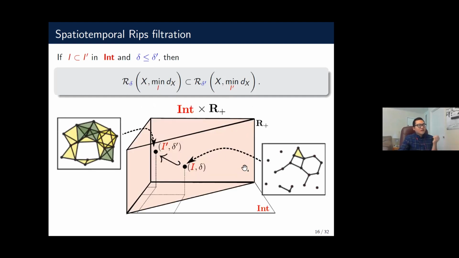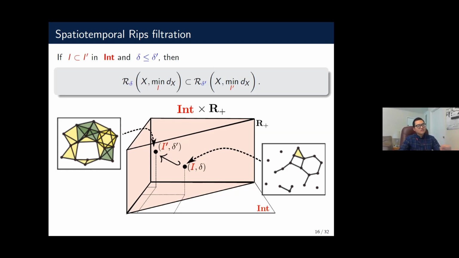Graphically, we can say it like this: if my point in parameter space moves left, back, or upward, our simplicial complex gets bigger. Therefore, we can see this picture as a three-dimensional simplicial filtration out of a dynamic metric space.